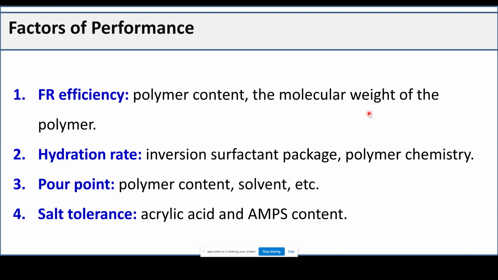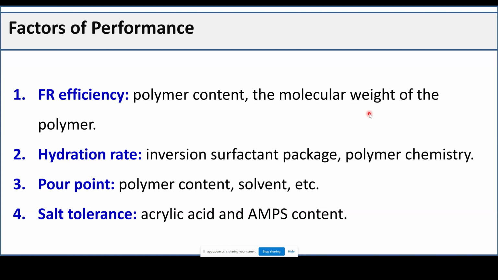A lot of the time, the only one that can play with the molecular weight is the chemical company. So as a petroleum engineer working in a service company or a production company, you just let these guys know, guys, we need the higher molecular weight polymer to be able to use. But the one that you can change in the field is how much polymer you are using.